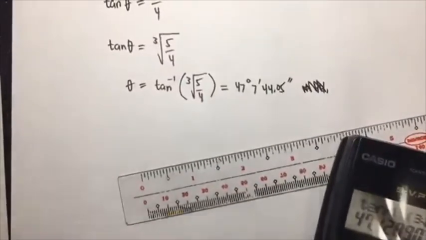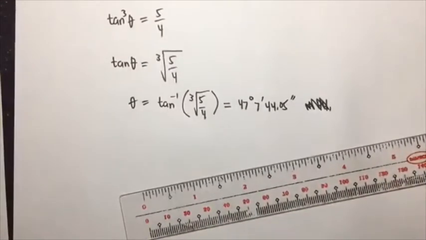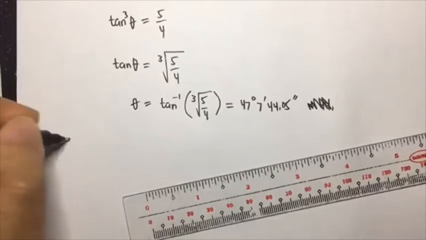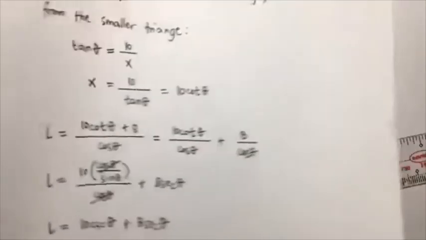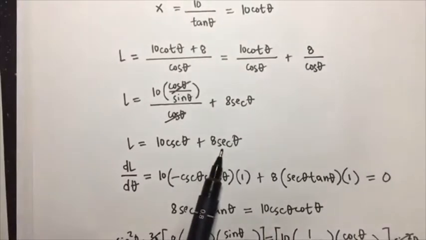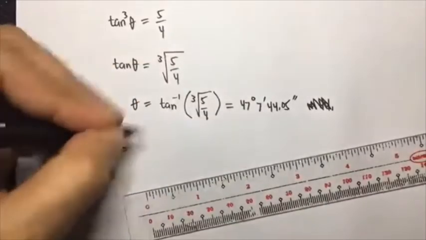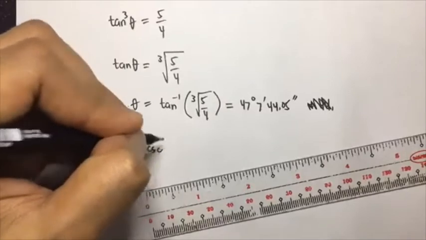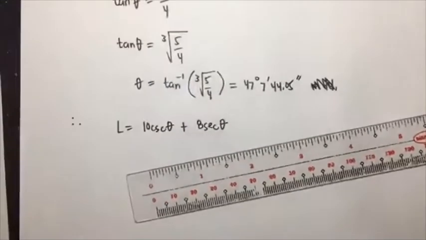Okay, so therefore that is the value of theta at the minimum length. So from our equation for length, L is cosecant theta plus 8 secant theta. You can also use this one. So 10 cosecant theta plus 8 secant theta.